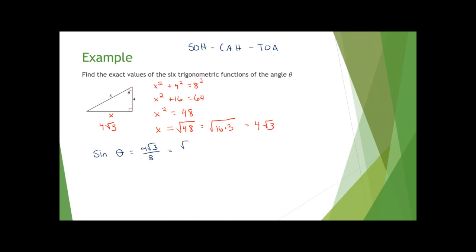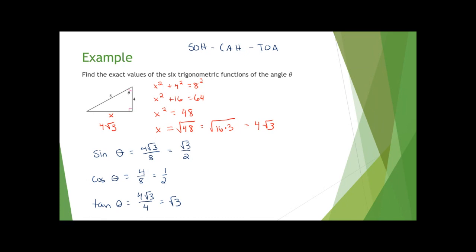So that simplifies to square root of 3 over 2. Cosine of theta is adjacent over hypotenuse, so that's 4 over 8, so that's 1/2. Then tangent is opposite over adjacent, 4 square root of 3 over 4, which is square root of 3.